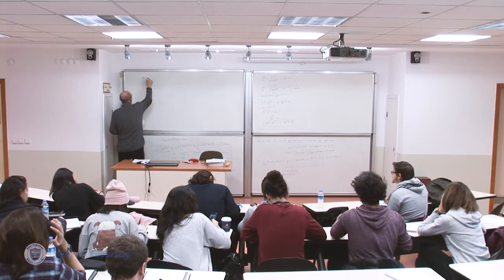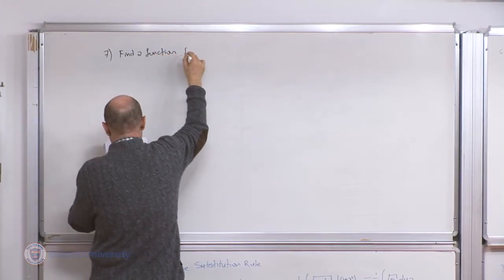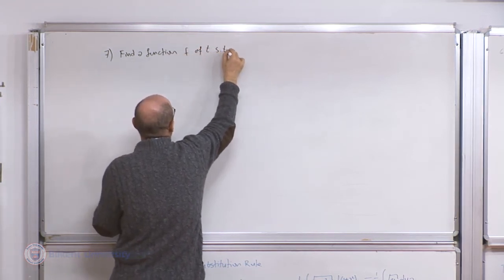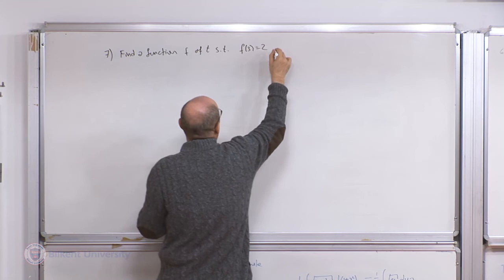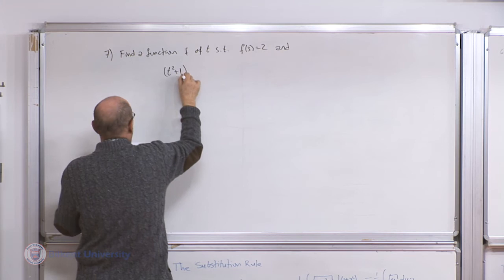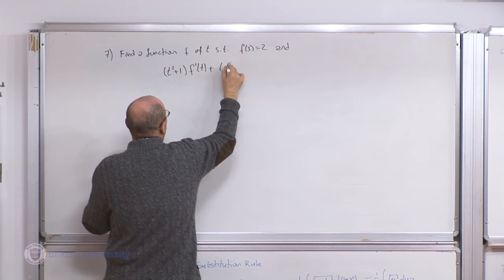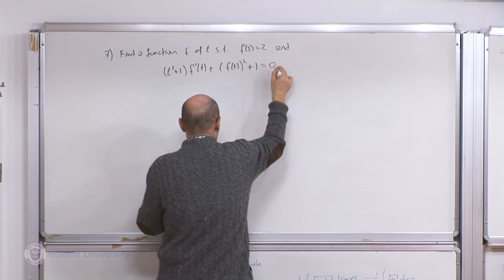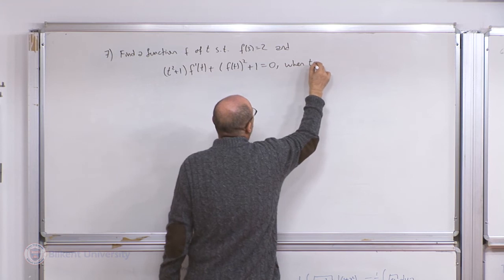Find a function f of t such that f of 3 is equal to 2 and it satisfies the equation (t squared plus 1) f prime of t plus (f of t squared plus 1) equals 0, when t is different than 1.